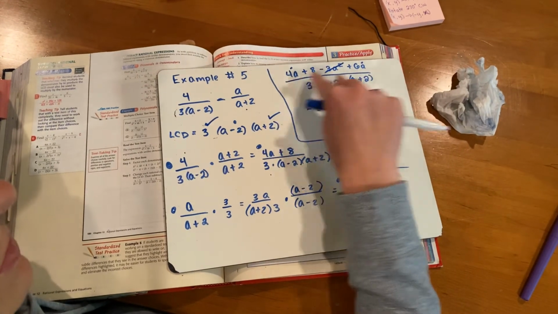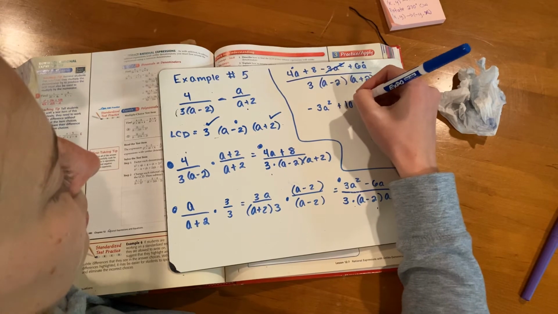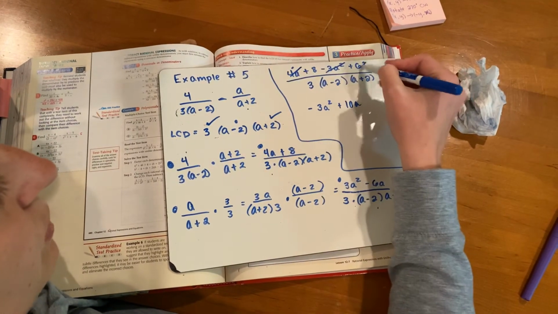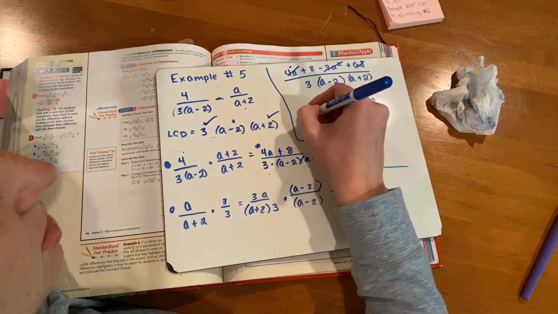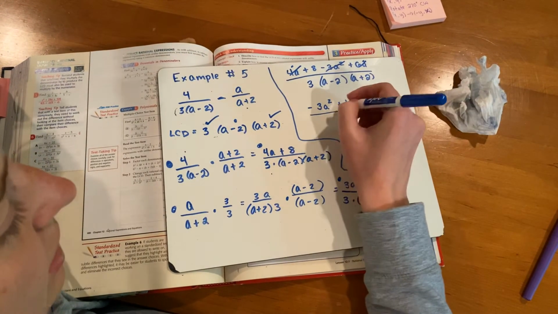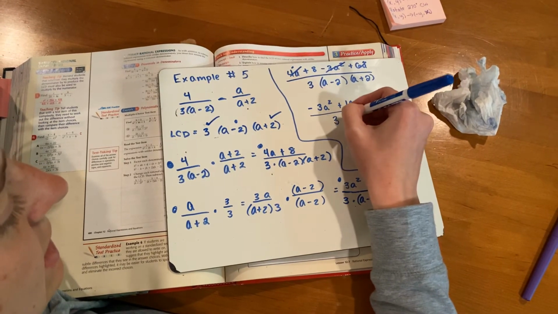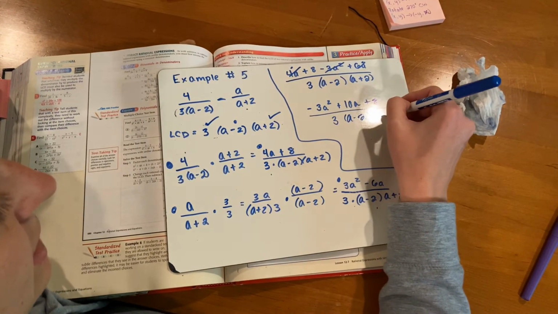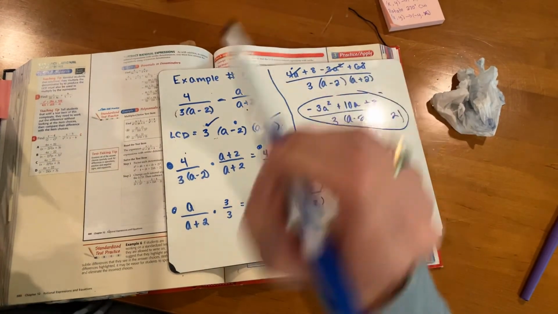Combine my like terms. 4a plus 6a is 10a. And then plus 8, all over my common denominator of 3 times a minus 2 times a plus 2. And we solved example 5. Good job.